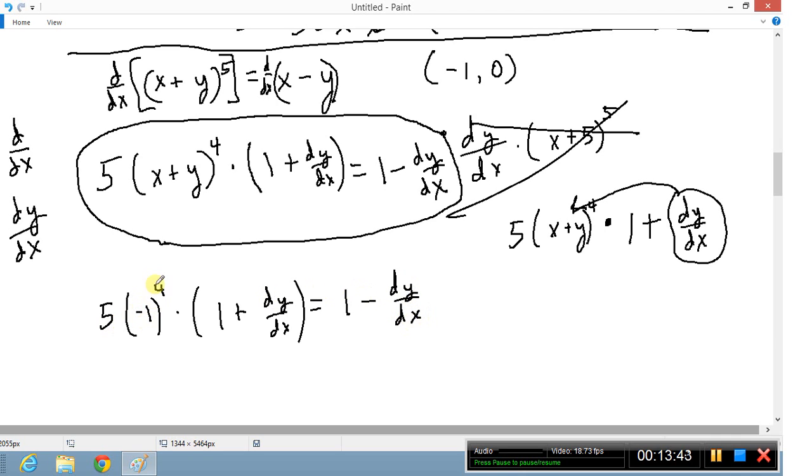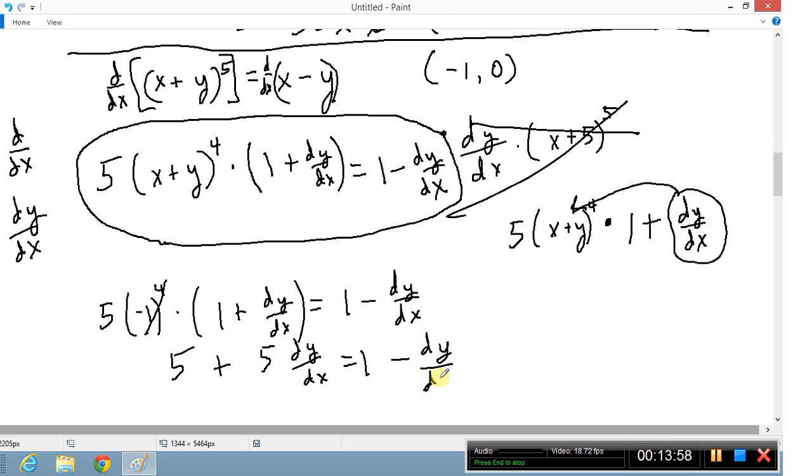And of course, -1 to the fourth is 1, so this is just going to be 5. And we can distribute that 5, so we get 5 plus 5 dy/dx equals 1 minus dy/dx.